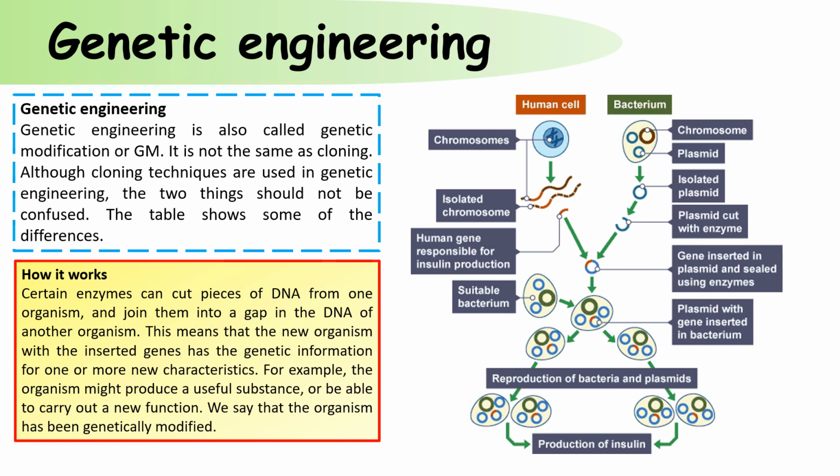At the same time, a plasmid from a bacteria is removed and cut open, also using a restriction enzyme. The gene is then inserted into the plasmid using other enzymes. The plasmid is then reinserted back into the bacteria. The bacteria is allowed to reproduce, and as it reproduces, it will produce insulin.